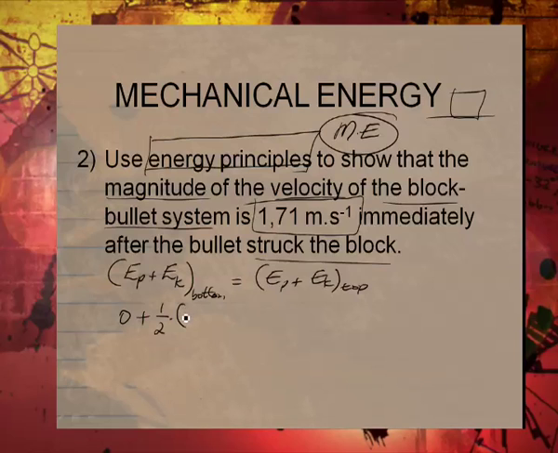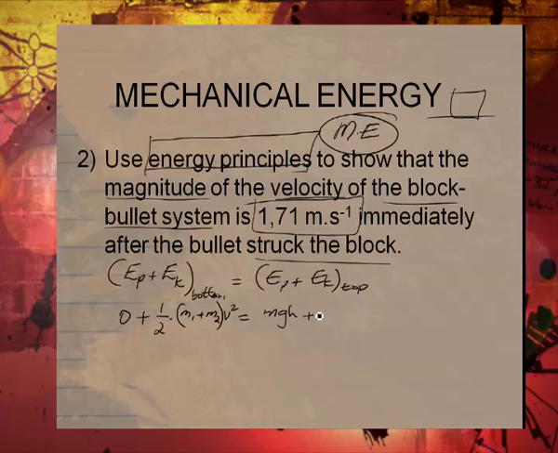It's half the mass times V squared. The bullet hits the block, so the bullet-block system is together now. It's two objects together now, the mass of the bullet plus the mass of the block. So I will call the mass of the bullet 1, the mass of the block 2. Half (m1 plus m2) V squared, that is kinetic energy, should be equal to, at the height of 15 centimeters above the position from where the block was, potential energy.